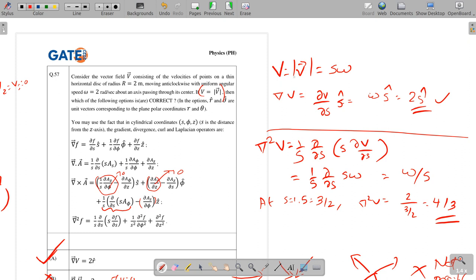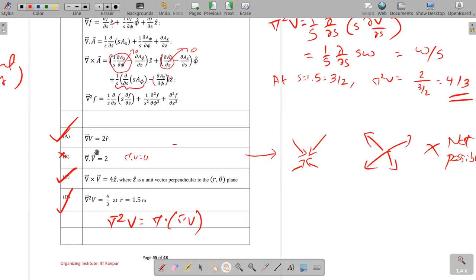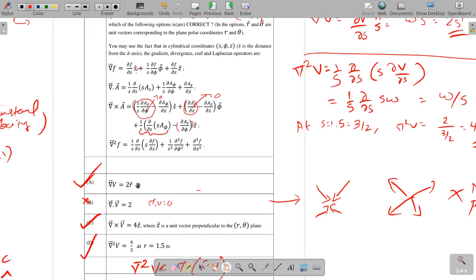Taking the gradient, you differentiate only with respect to the s component, because there is no phi or z contribution. Those dou by dou phi and dou by dou z terms will all be 0. So you only have the derivative with respect to s, which gives you omega s cap. That gives the gradient of the velocity magnitude as 2r cap. R is basically s here, the radially outward direction.